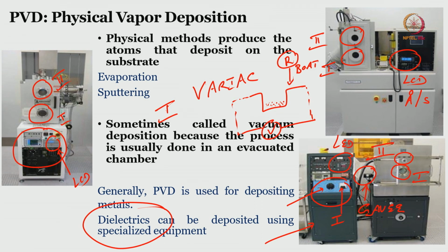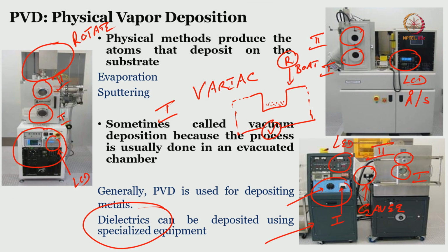Another thing that I wanted to show you is whether the substrate can be rotated or not. See, this is the rotation, of course there is a motor that will rotate the substrate holder. This is the system on the top of the chamber which is connected to the substrate holder inside the chamber and will rotate the substrate.